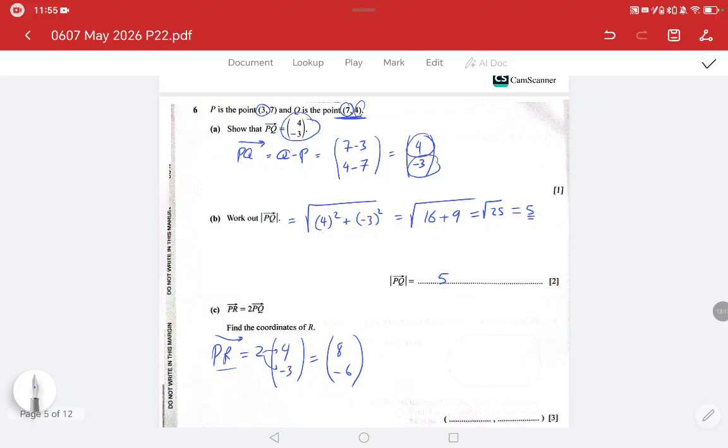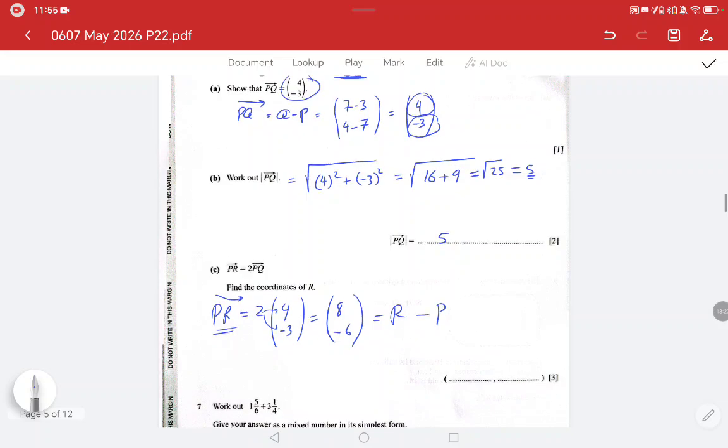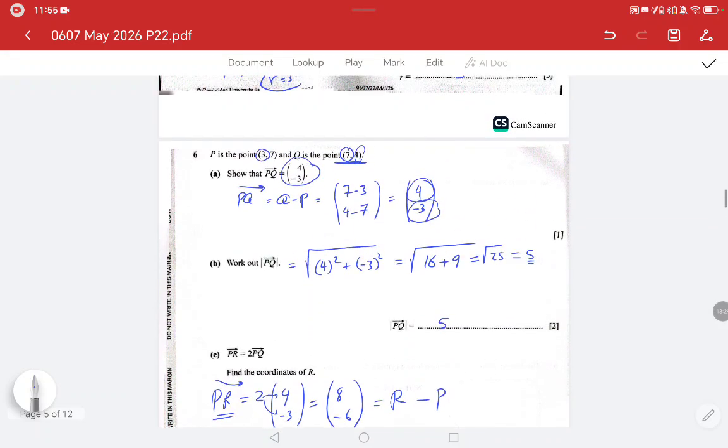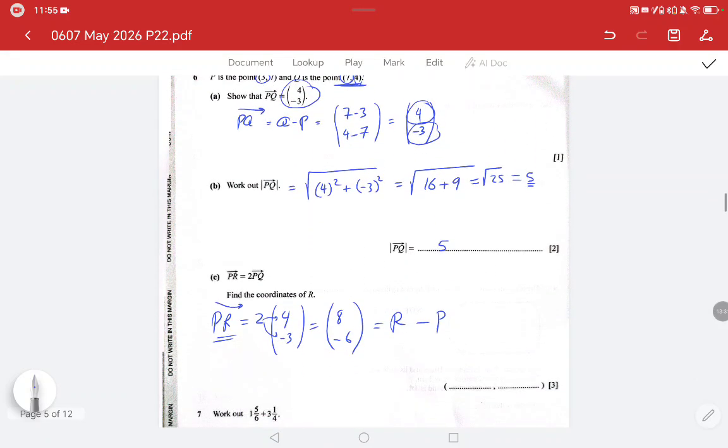We need to find R. PR is R minus P, right? We have P as (3, 7).